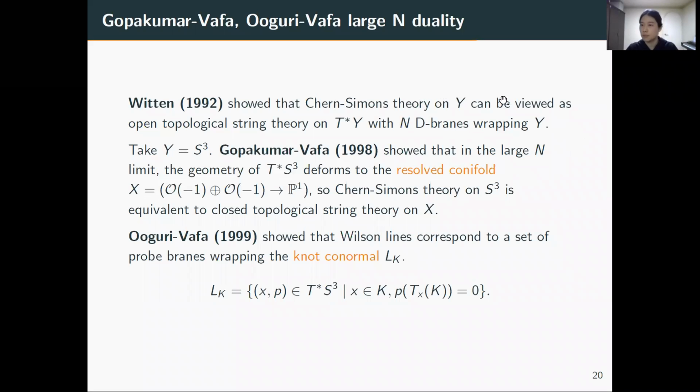And those D-branes vanish in this geometry. So this large N duality is a duality between open topological strings and closed topological strings on the resolved conifold. Combining these two dualities, the conclusion is that Chern-Simons theory on S3 is equivalent to closed topological string theory on X.